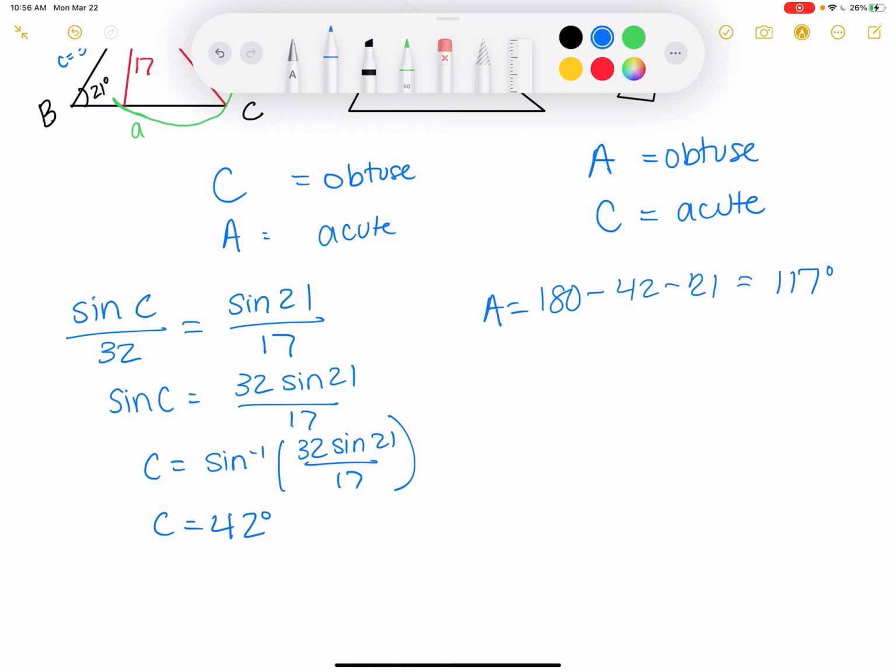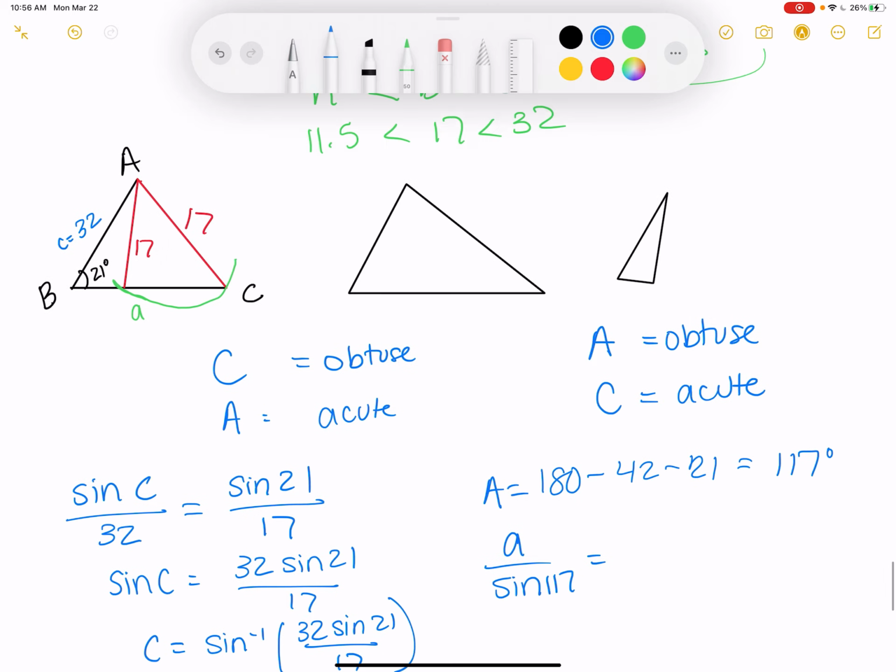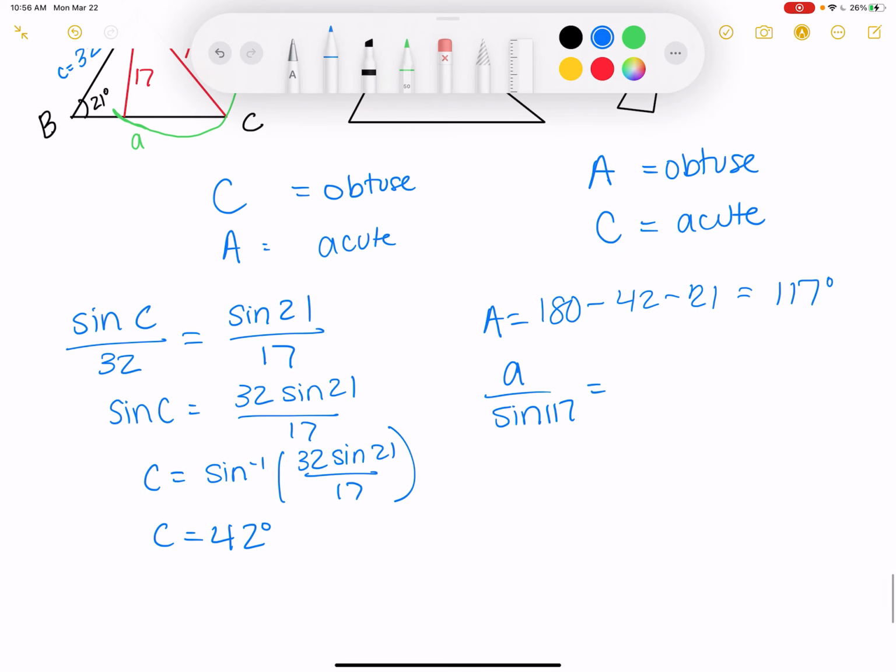So I'm going to do A over the sine of 117 is equal to, I'm going to go back and use the ones that I know, 17 over the sine of 21. So I'm going to multiply. A is equal to 17 sine of 117 over the sine of 21.